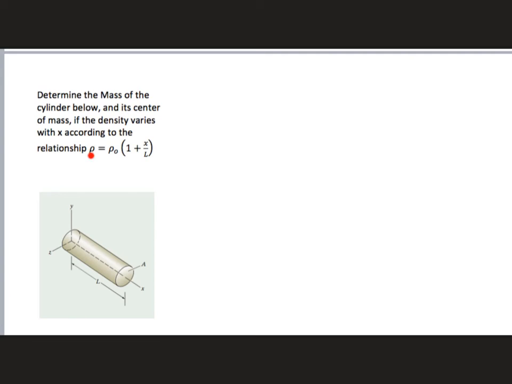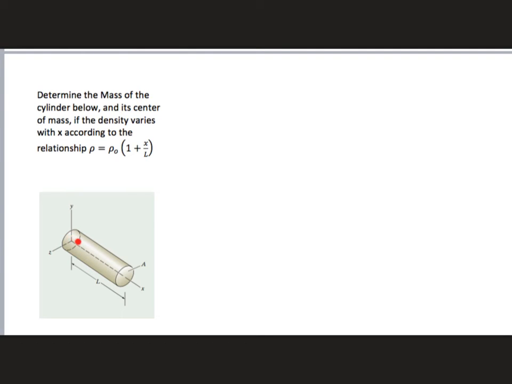Now the density is not constant. It's actually varying with the distance x along its length. If I plug in x equal to 0, on this side at the YZ plane, then the density is just rho naught times 1, because that term goes to 0.